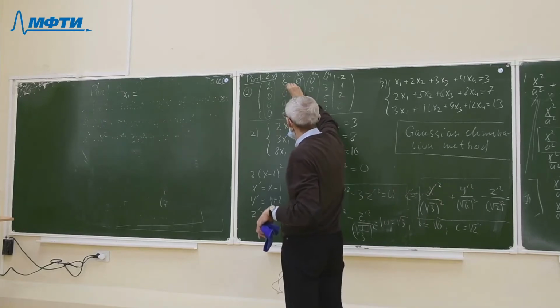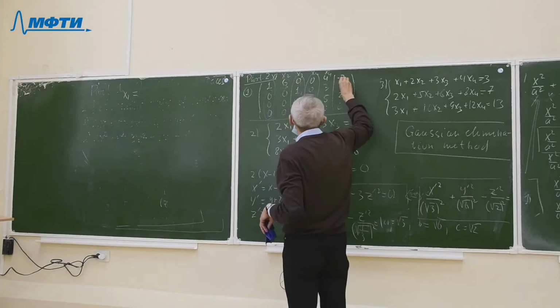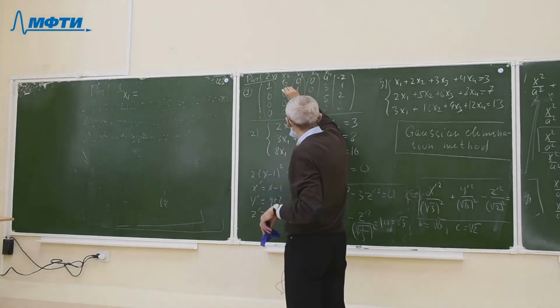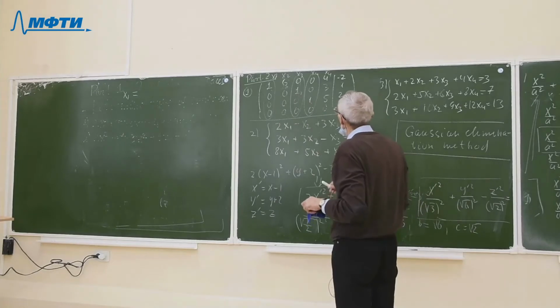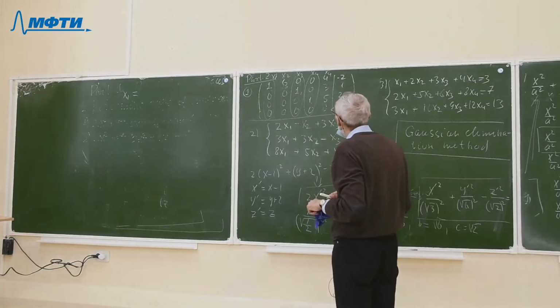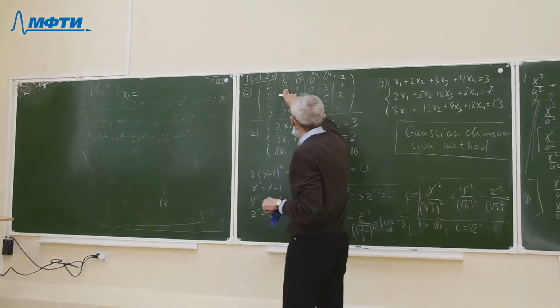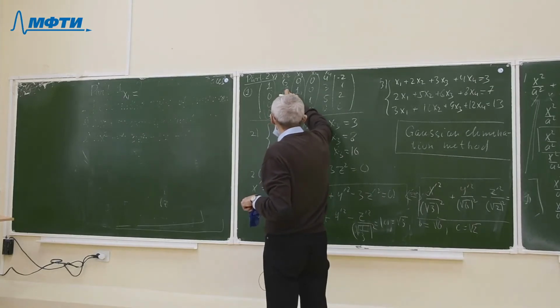It means that this is the coefficient of variable x2, and after we shift this term to the right side, we obtain the term minus 6 times x2.